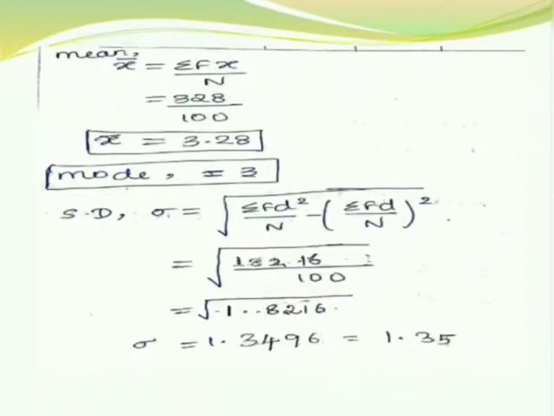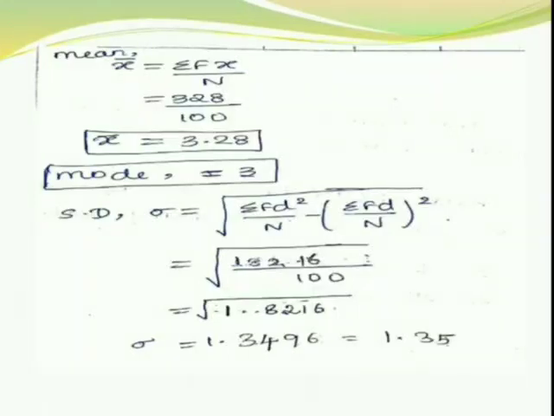Now substitute these values into the formula, standard deviation equal to root of summation fd square by n minus summation fd by n the whole square. You will get 1.3496, approximately 1.35, which is your standard deviation.